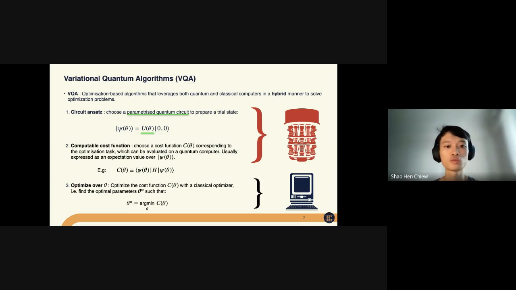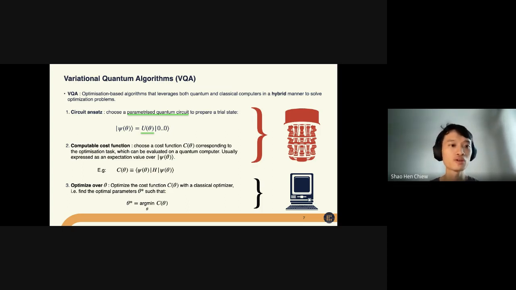We also need a quantum computer to provide us with the cost function. That is to say, we perform measurements of the quantum computer, we collect the statistics, and we calculate this cost function. That is done on a quantum computer. Whereas the third step, the optimization over theta, is done on a classical computer.